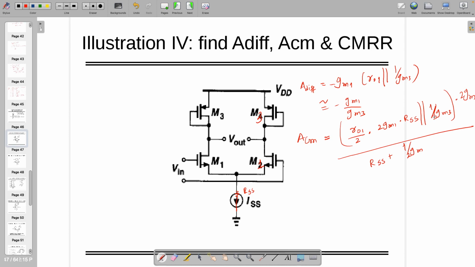something is wrong, because this quantity makes resistance, this quantity makes gm transconductance, this is resistance, so resistance by resistance becomes gm, but ACM has to be unitless. So in that, there should not be 2GM, and in the denominator, 1 by 2GM. So 1 or 2, that is fine.